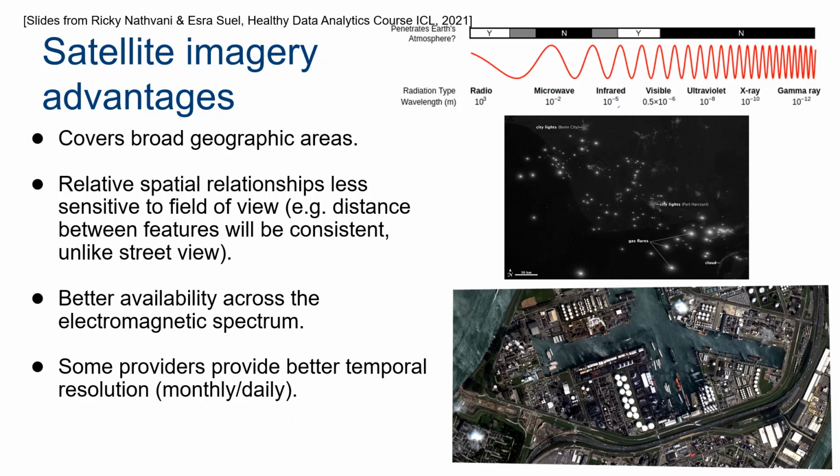In addition, the relative spatial relationships are less sensitive to the field of view and are consistent across the same data provider typically. There's better availability across the electromagnetic spectrum, of course, and some providers offer better temporal resolution, such as monthly, daily, or even higher.